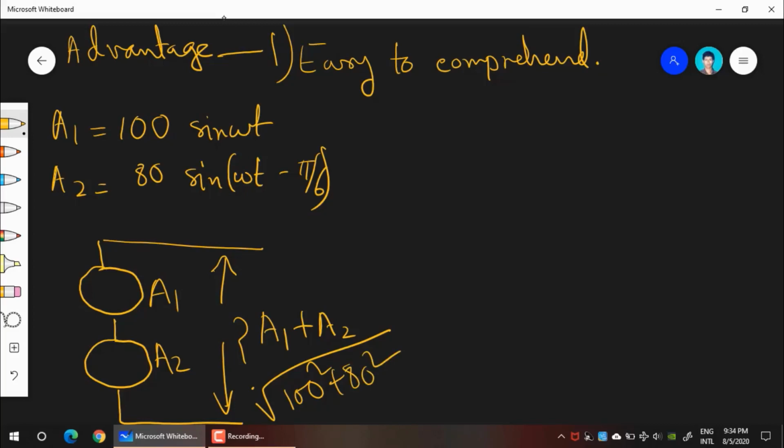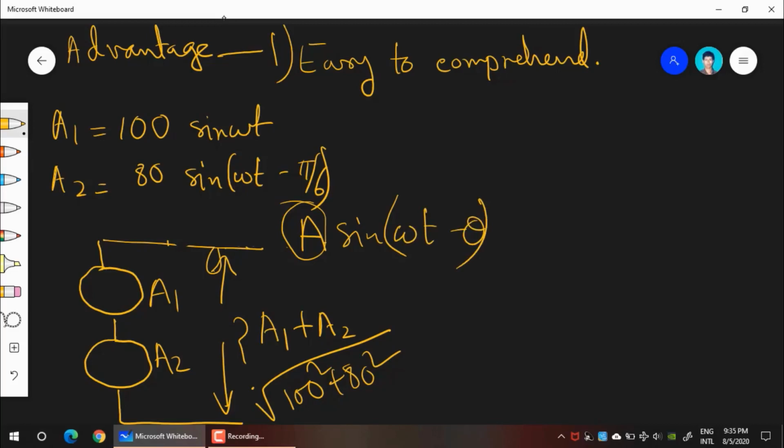Even if you forget, you can rush to your trigonometry book and brush up these basic concepts to get a compact shape, something in magnitude, bold A, and then sine omega t minus theta.